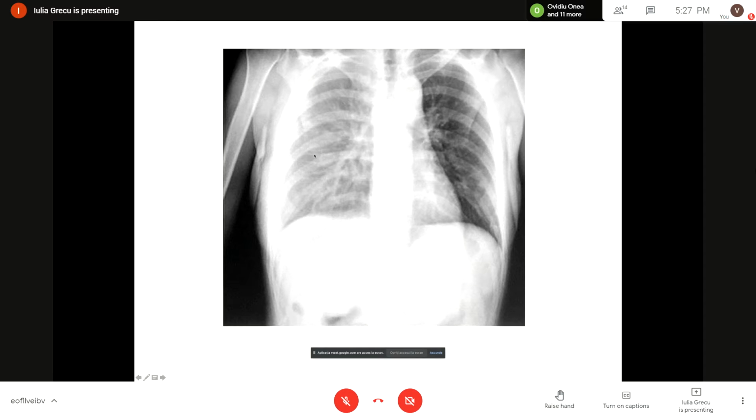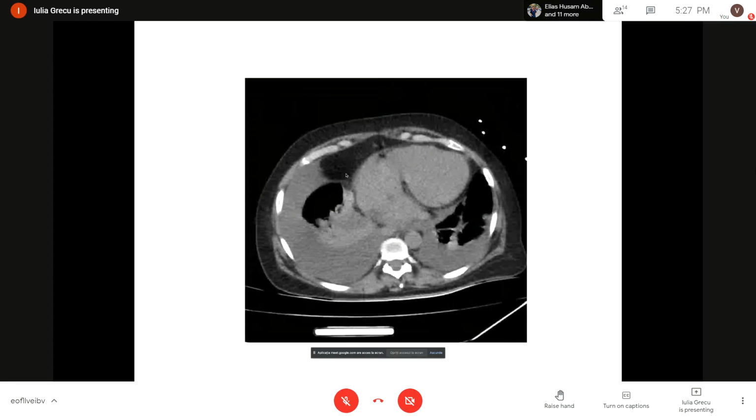So it will create a diffuse, increased opacity of the respective hemithorax compared with the other one. This is a sign that the pleural effusion is free and not loculated in the pleural cavity. So we use this sometimes in order to see if the fluid is free or not.